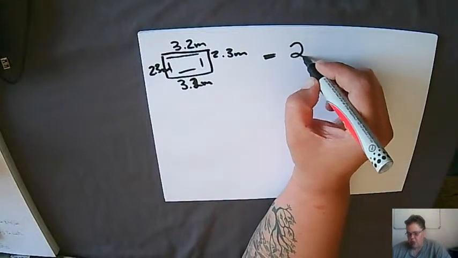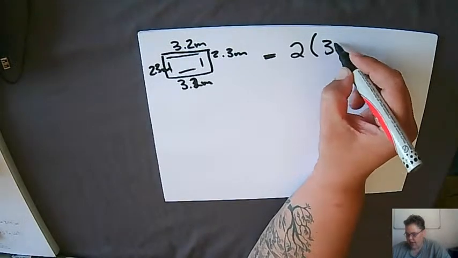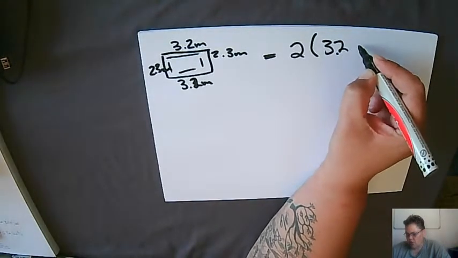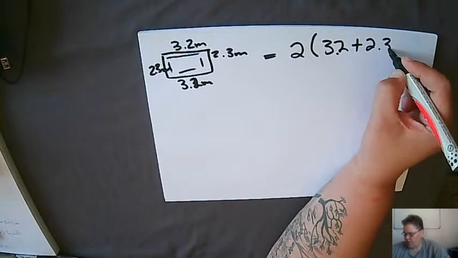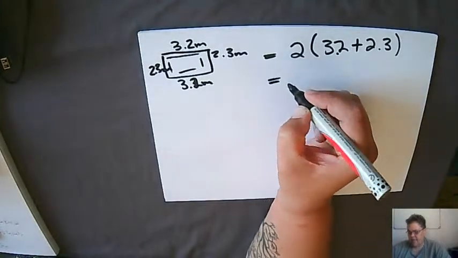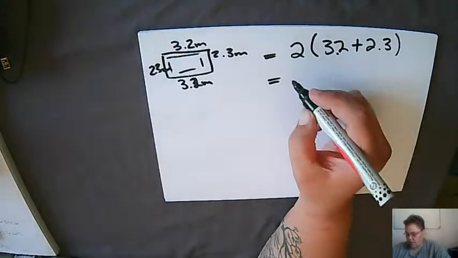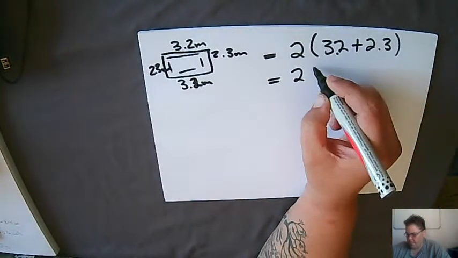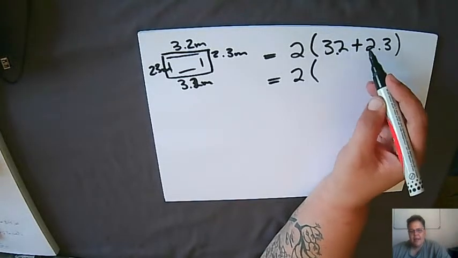So it will be 2 multiplied by (3.2 plus 2.3), close the brackets. Math law tells us that we do the brackets first, so the 2 stays. We open the bracket, we work this sum out.